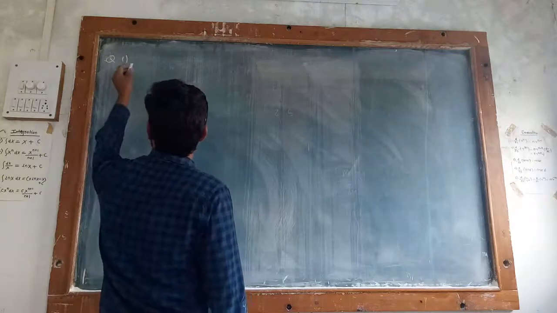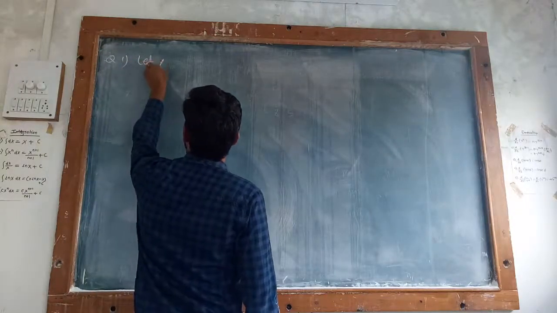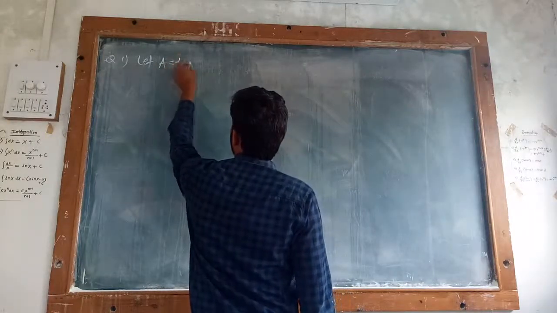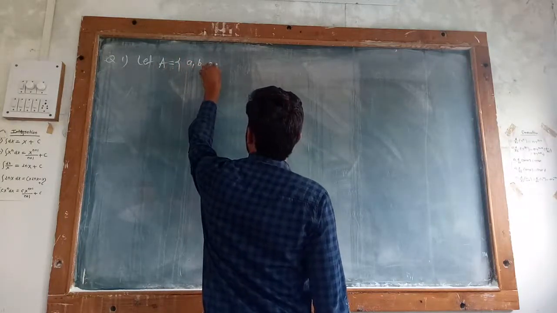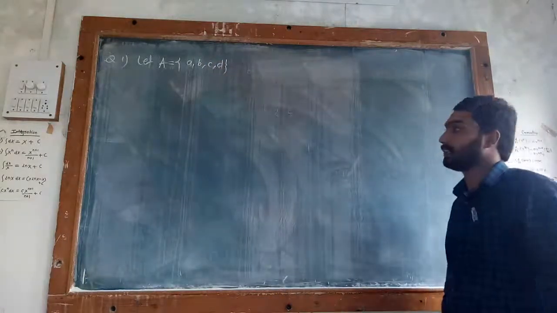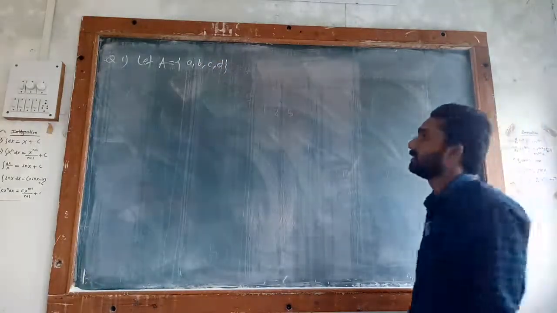First question: let capital A equal to {a, b, c, d}. That is a b c d. Let capital A contain 4 elements.